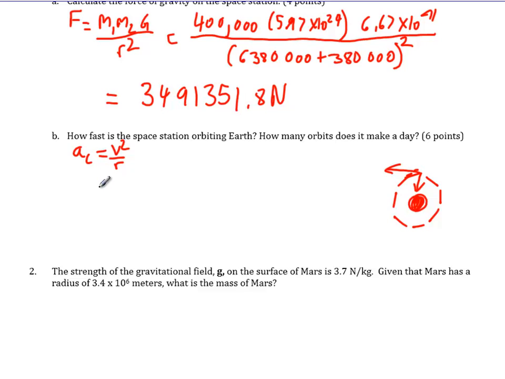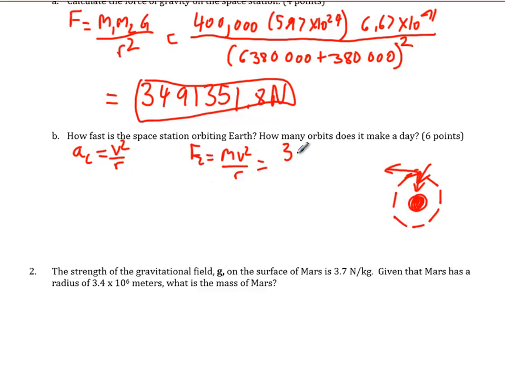And the reason it has centripetal acceleration is because it has a centripetal force acting on it. So centripetal force, Fc, is m times centripetal acceleration, v squared over r. And the reason this force exists at all is because of gravity. So we can take this force, the one we just calculated, and set mv squared over r equal to 3,491,351.8.